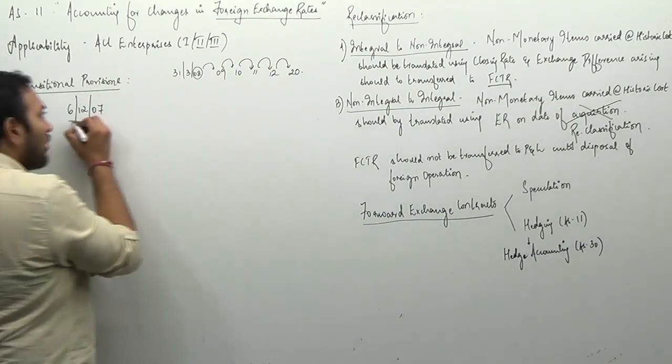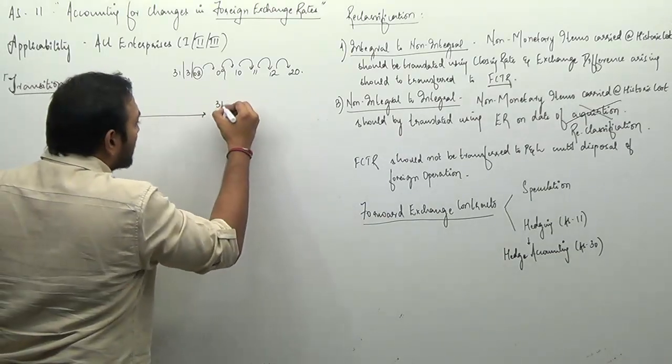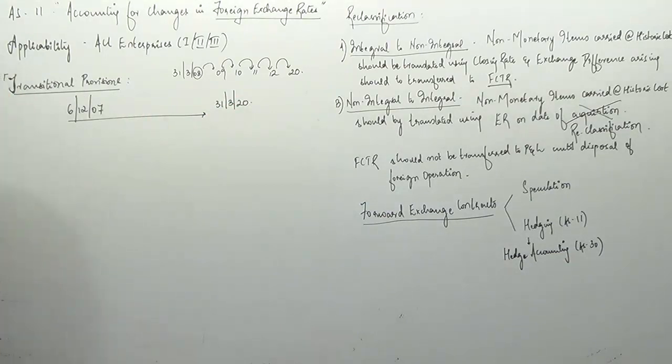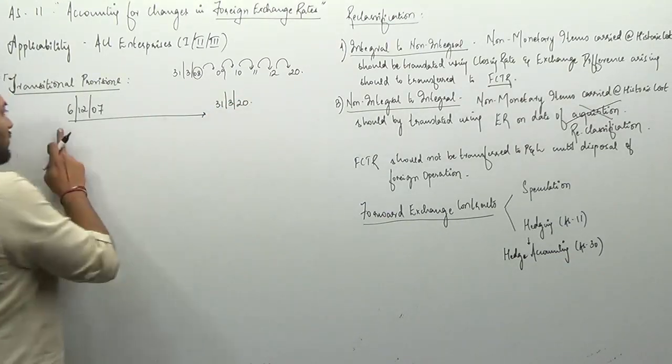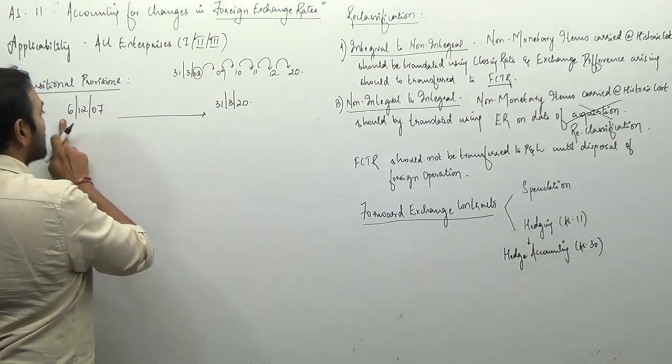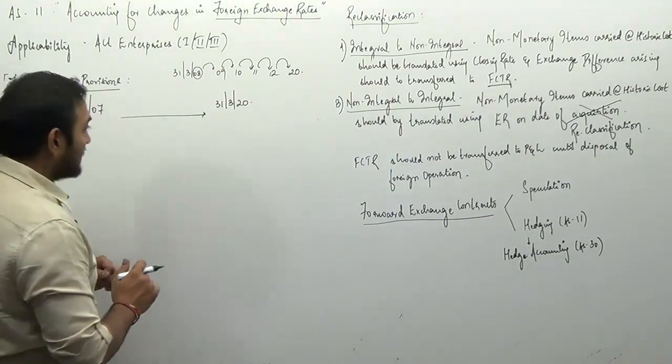From this date onwards up to 31st March 2020. From 6th December 2007 up to 31st December 2020, I'm talking about these 2 dates.